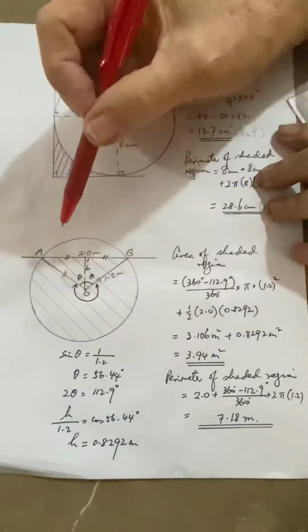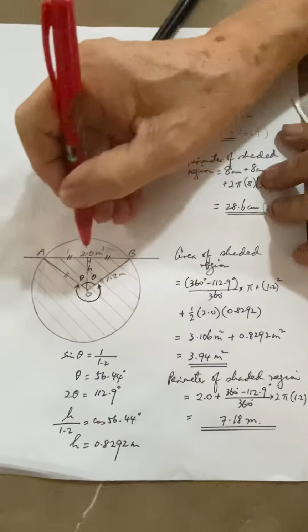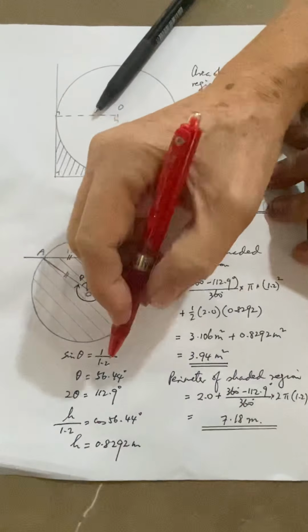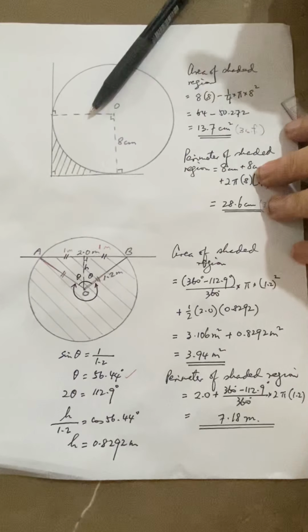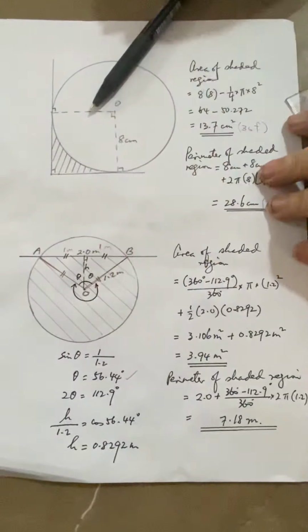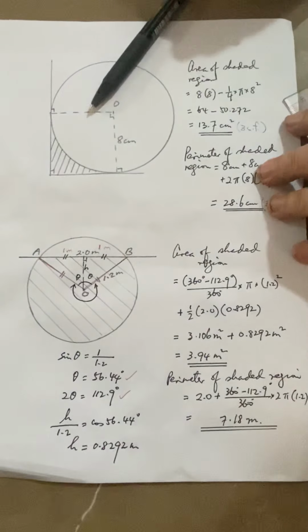So sine theta will be equal to 1 meter over 1.2 meters. So sine will be 1 over 1.2, which you get with 1 extra sig fig there, 56.44. And 2 theta will be 112.9. Still I'm having 4 sig fig.